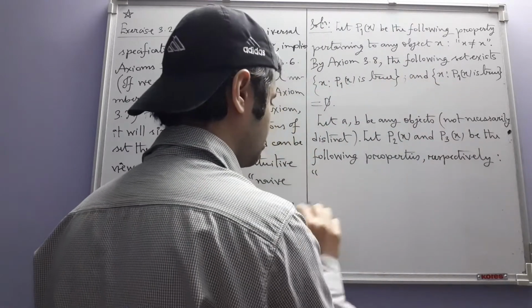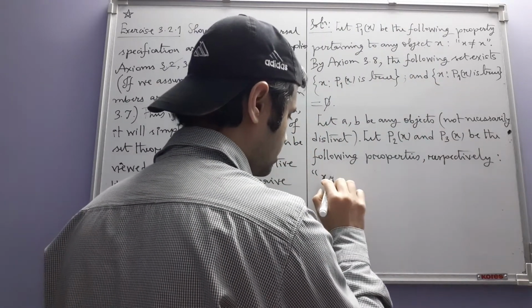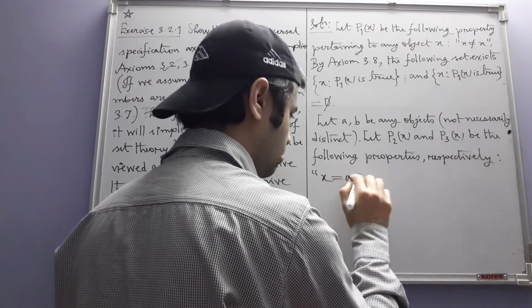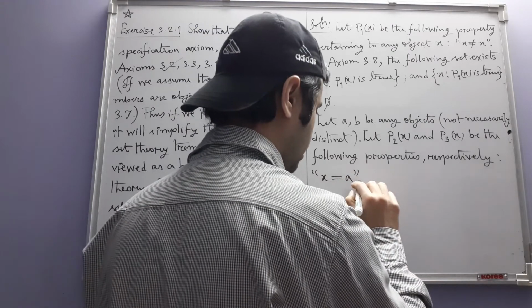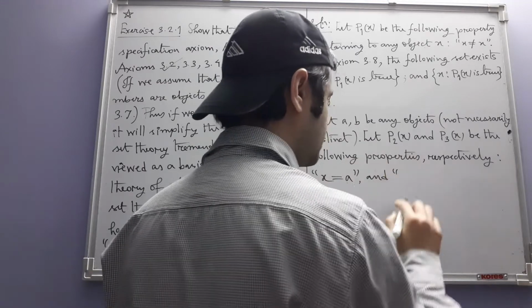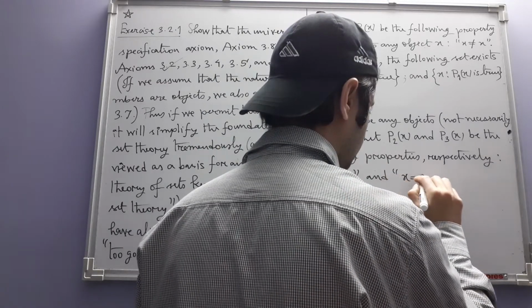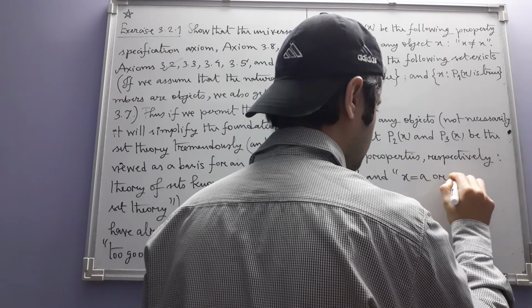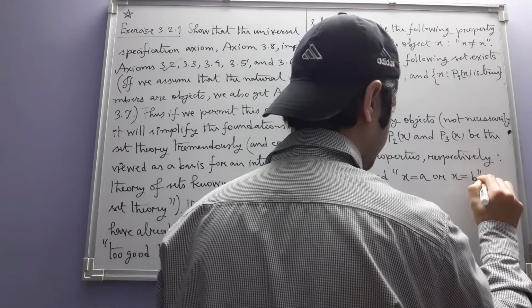P2(x) is this property: x is equal to A, and P3(x) is this property: x is equal to A or x is equal to B.